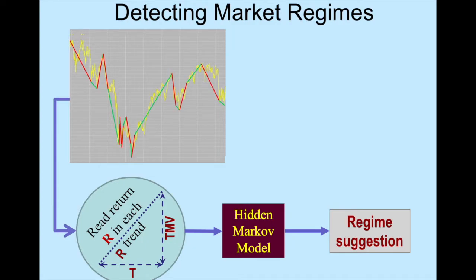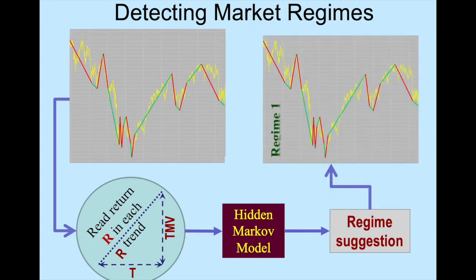We asked the hidden Markov model to classify the trends into two regimes. Nobody knew whether financial data fits into a hidden Markov model and with two regimes. Our study suggests that they did. So we have established a method to detect market regimes in historical data.